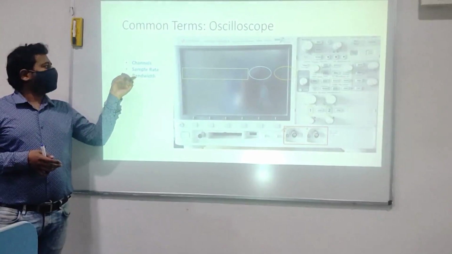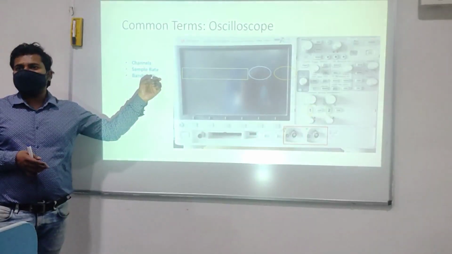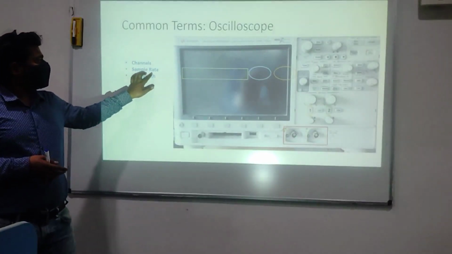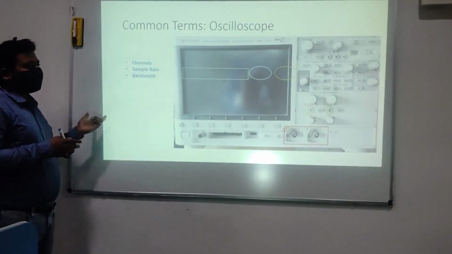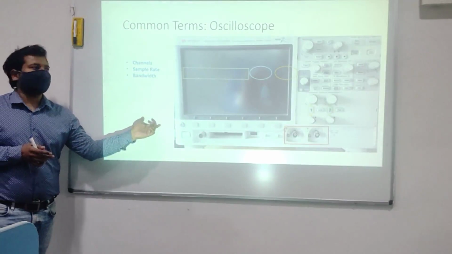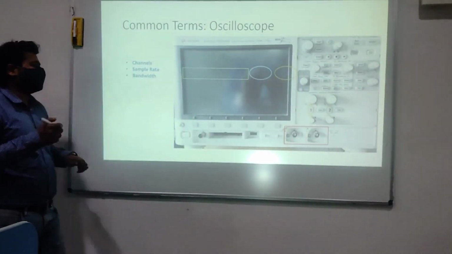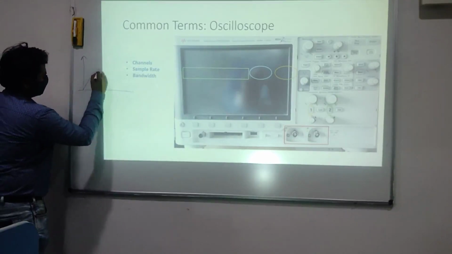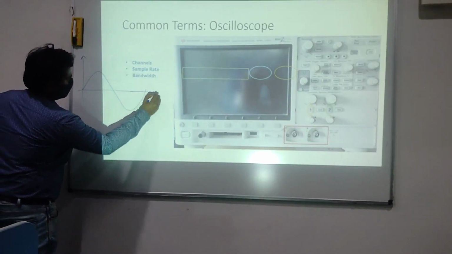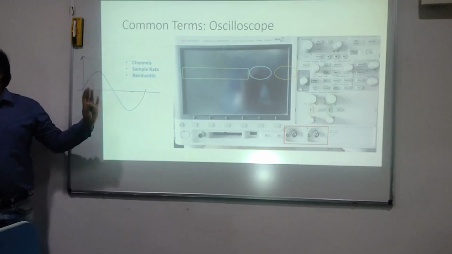Then coming to the next thing, sample rate. Okay. So we have just learned something about sampling. That sampling has a unit of samples per second. So this is that sampling rate. So let us revisit. This is an analog signal.